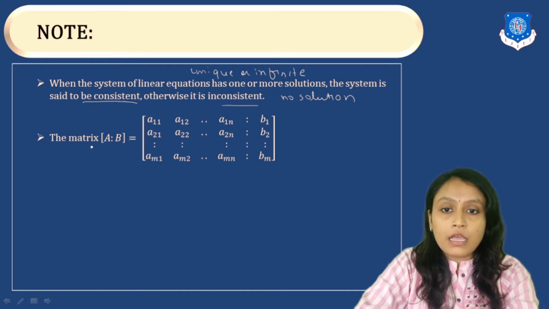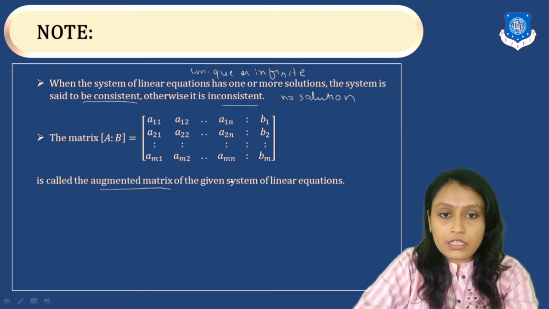Now the matrix [A : B], that is a11, a12 up to a1n : b1 and up to am1, am2, amn : bm, is called the augmented matrix of the given system, right?